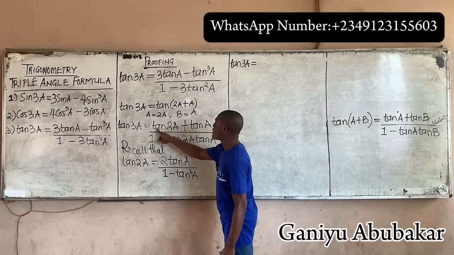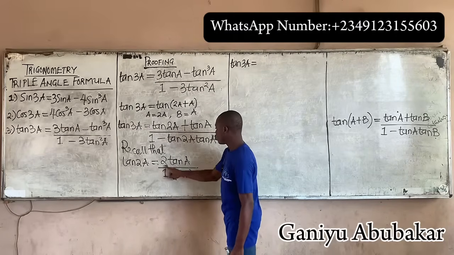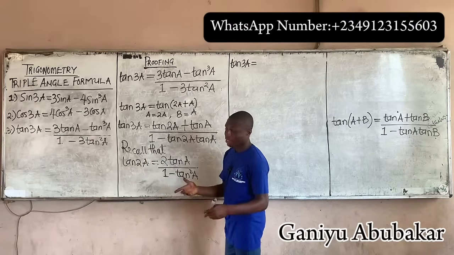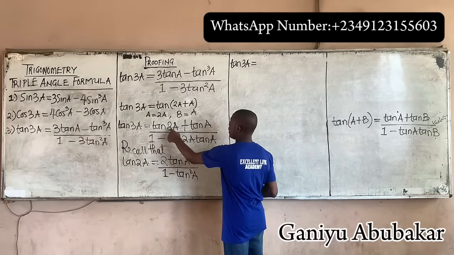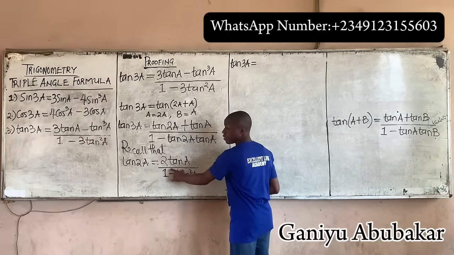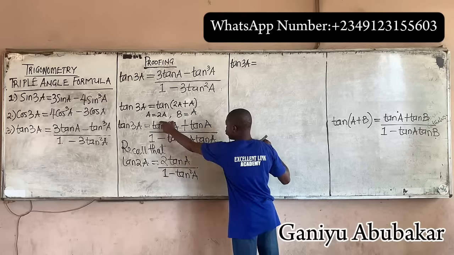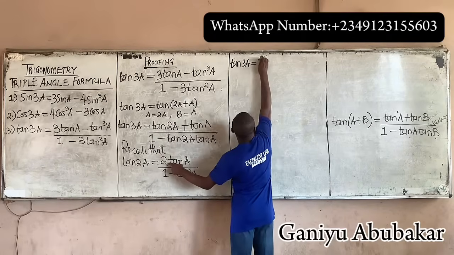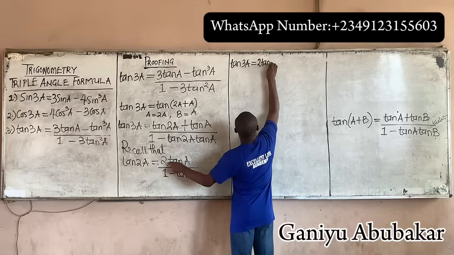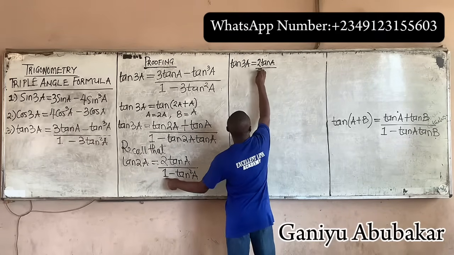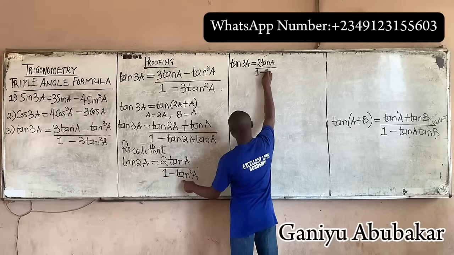We said replace tan 2A as what? 2 tan A over 1 minus tan squared A. That's the task. So tan 2A now becomes 2 tan A all over 1 minus tan squared A.